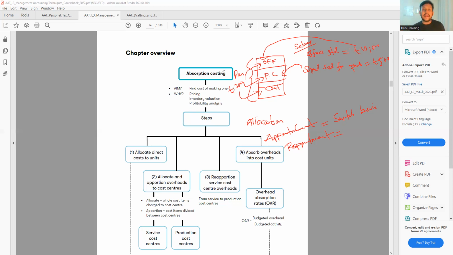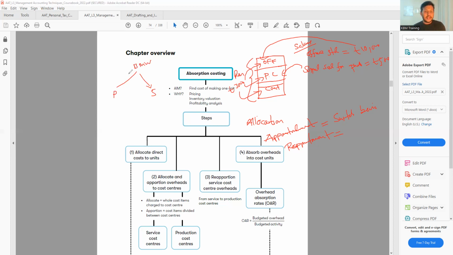So the store pays the rent, the salary, and the bills, but doesn't have any sort of income. So if this service center cost is not included in the production department, that means we'll end up with a loss. For example, let's say we have production and we have a service. Now both belong to BMW.